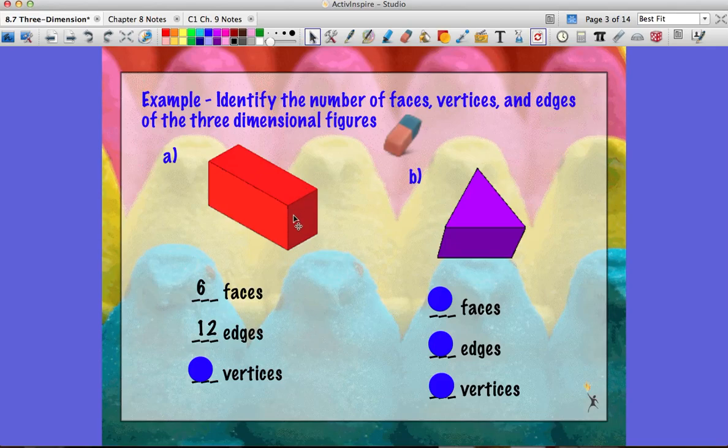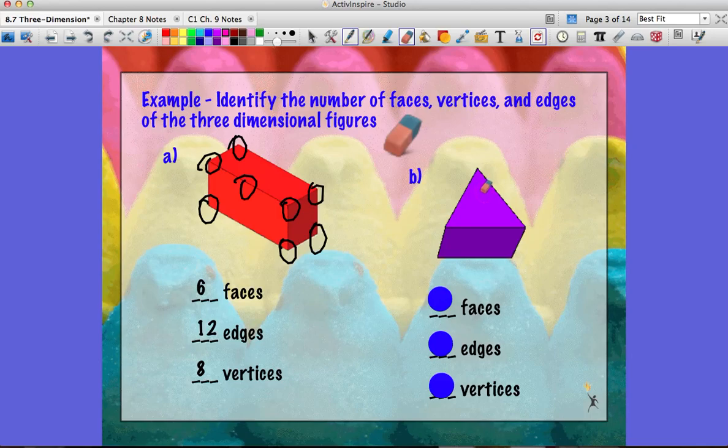And then the corners. So there are 1, 2, 3, 4 vertices down here. 1, 2, 3, 4 vertices on top. You always have to try and imagine those vertices, edges, and faces that you cannot see. So this shape also has 8 vertices.